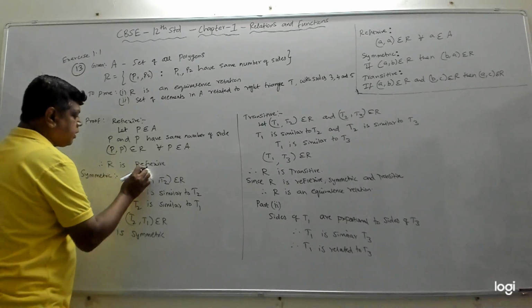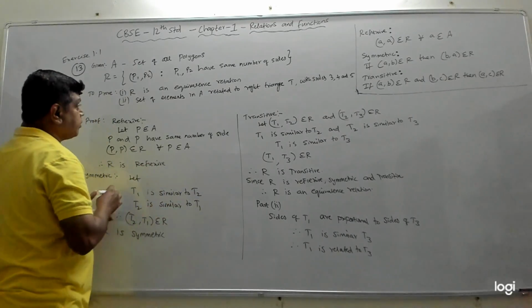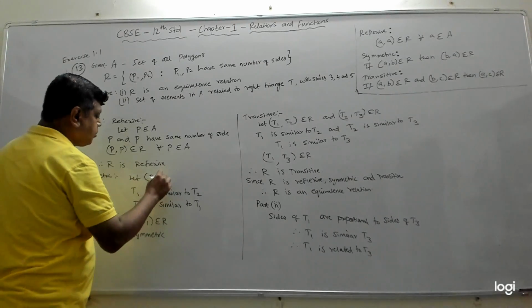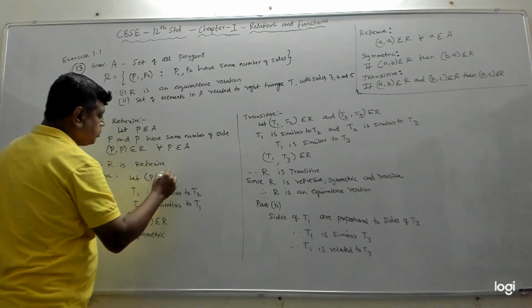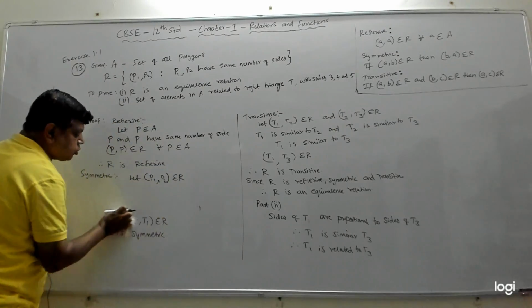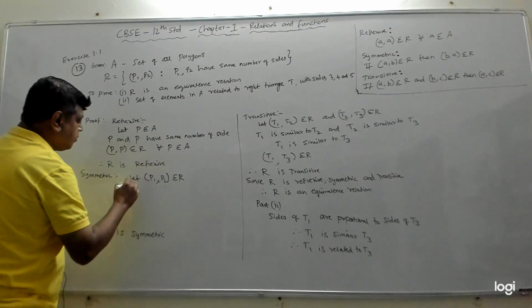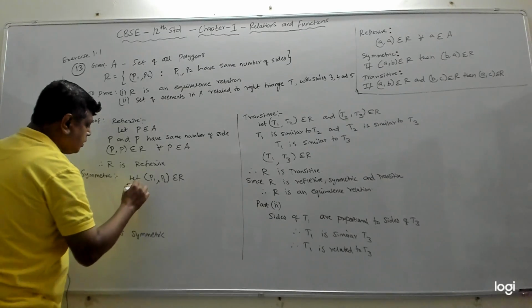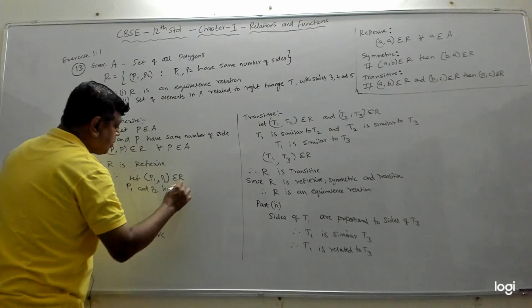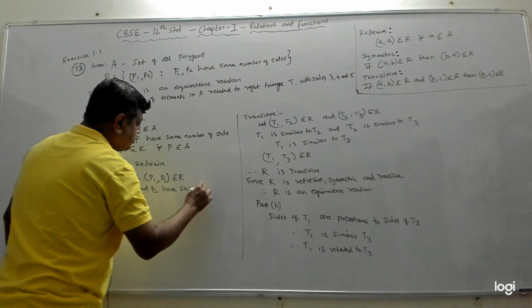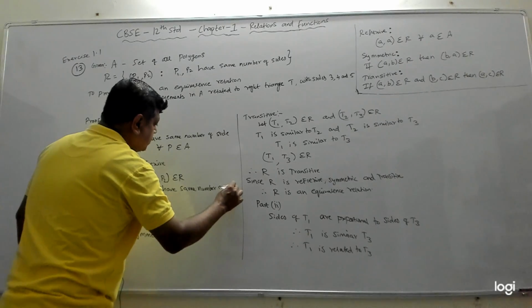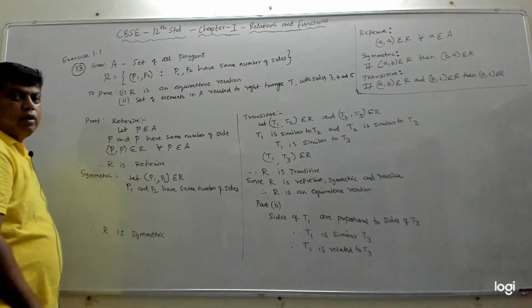Now, to prove symmetric, we should take an element from the relation R. Let P1 comma P2 belong to R. When P1 comma P2 belongs to R, what can we say? P1 and P2 have same number of sides, because that's when we say P1 is related to P2.